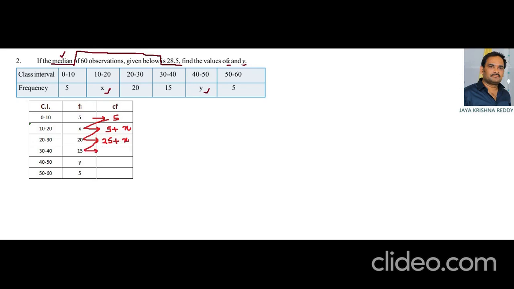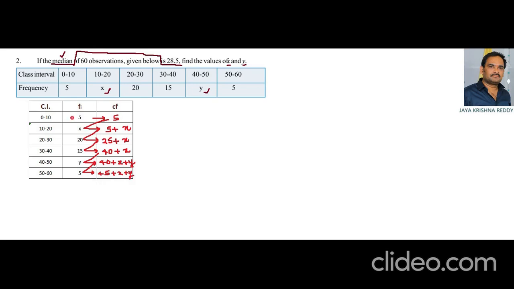So 25 plus 15 is 40, and plus x as it is. And next 40 plus x will be added to y. So we can write 40 as it is, plus x and another variable y. Next it should be added to 5. So 40 plus 5 becomes 45, and the two variables as they are, plus x plus y.